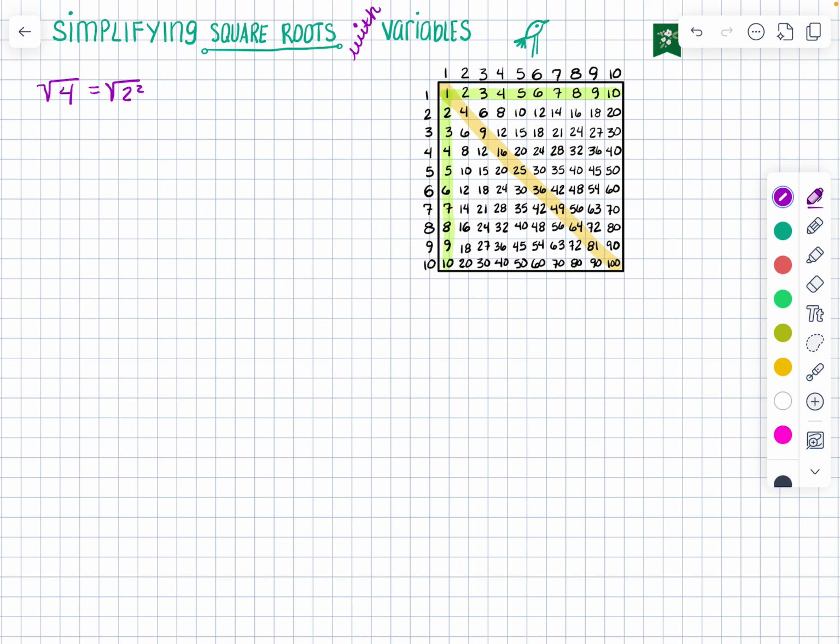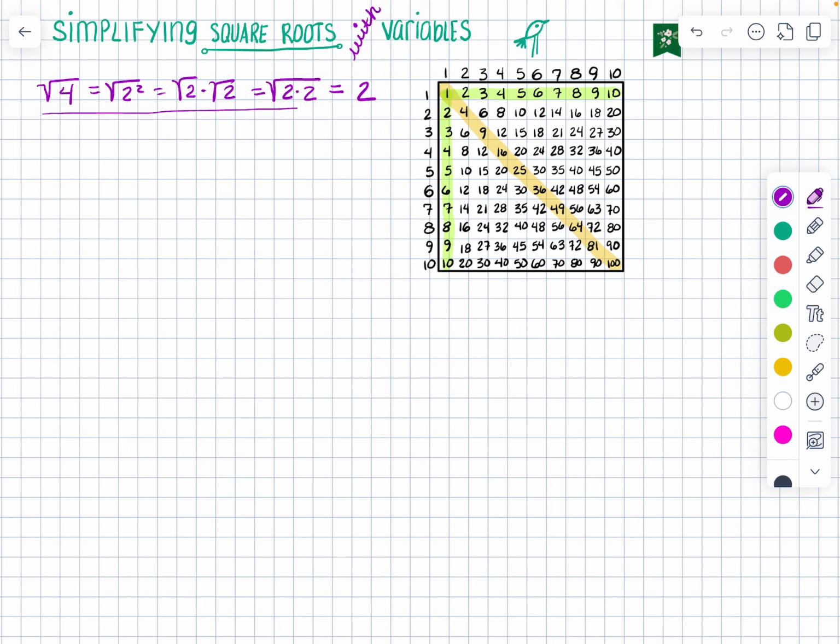Okay? And then we can rewrite that as the square root of 2 times the square root of 2. And we could rewrite that as the square root of 2 times 2. All of these things are equal. So you'll probably just pick one that you really like and go with that. But again, square root of 4 is just equal to 2.